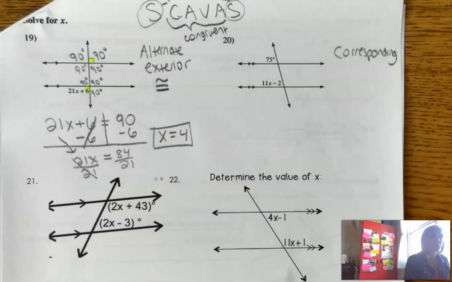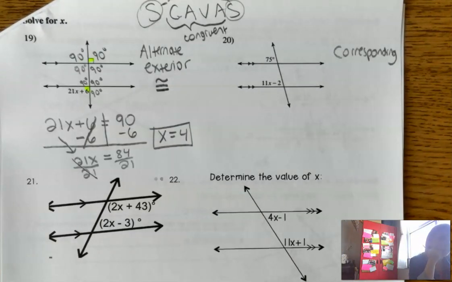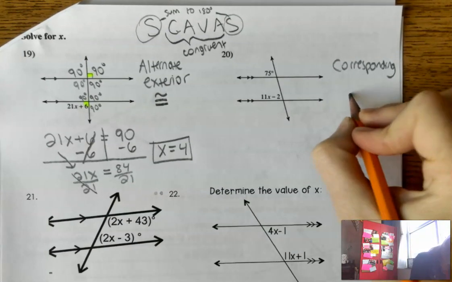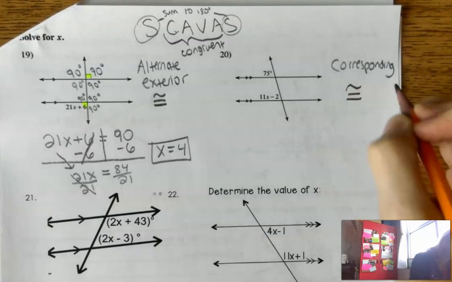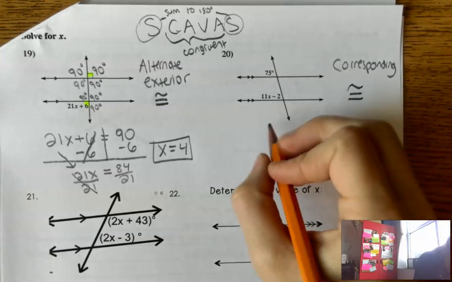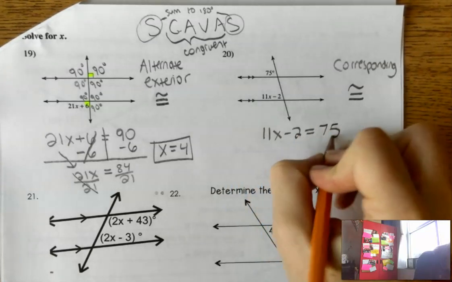All right, next question. Are corresponding angles congruent, or do they sum to 180? All right, I hope you said congruent. So if they're congruent, that means they're equal, and we can set them equal to each other. So I'm going to set up my equation: 11x minus 2 is equal to 75.